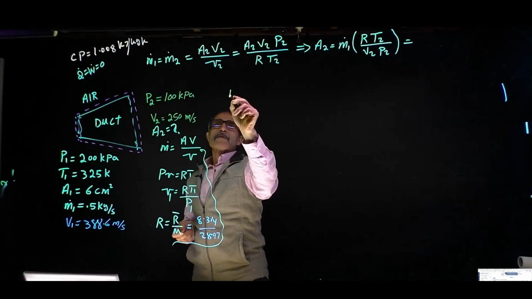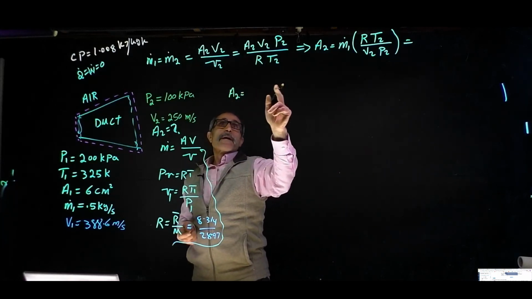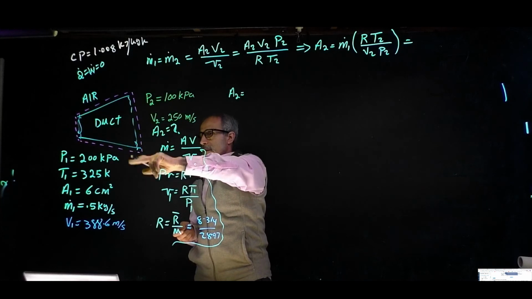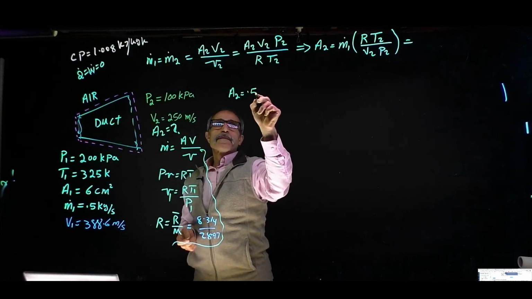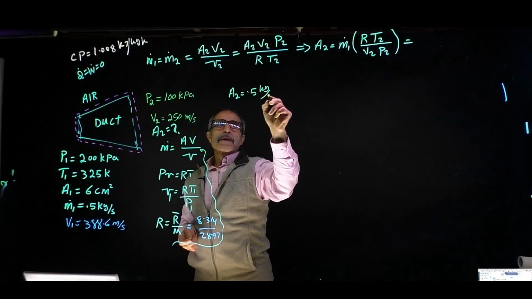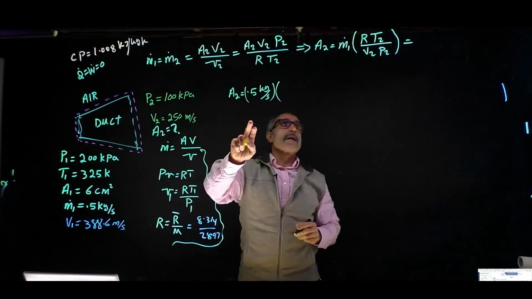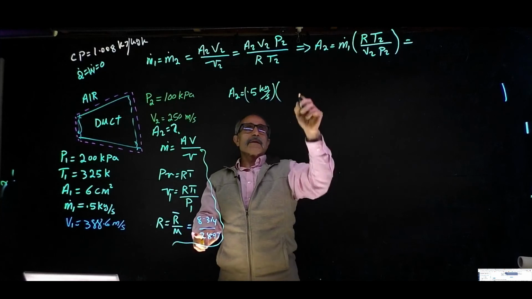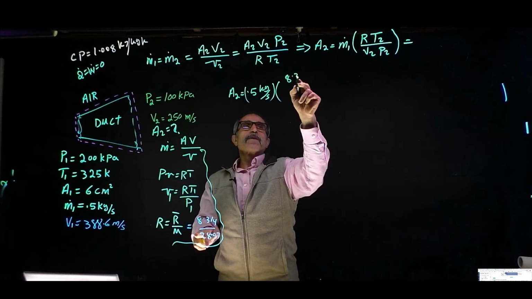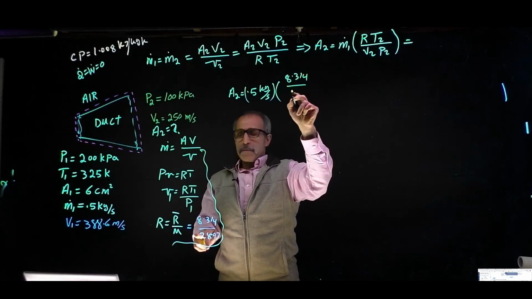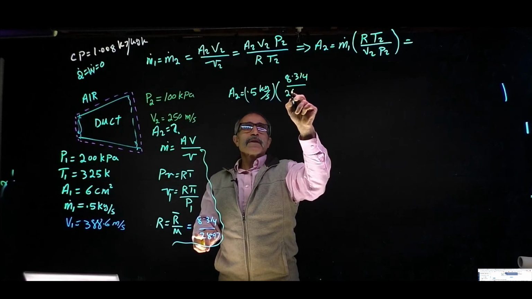So A2 comes out to 0.5 kilogram per second. And then we have R, 8.314 divided by 28.97.